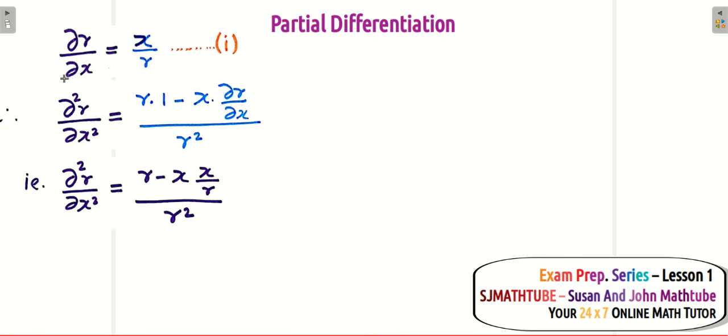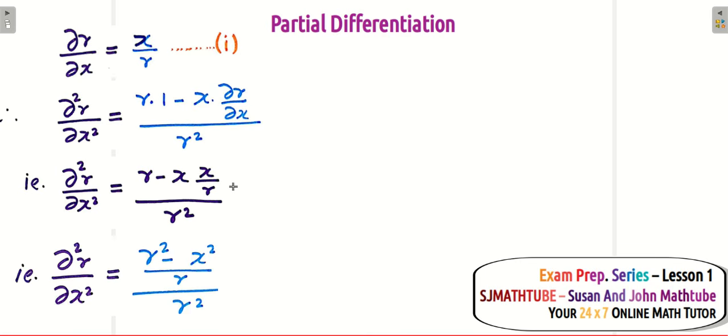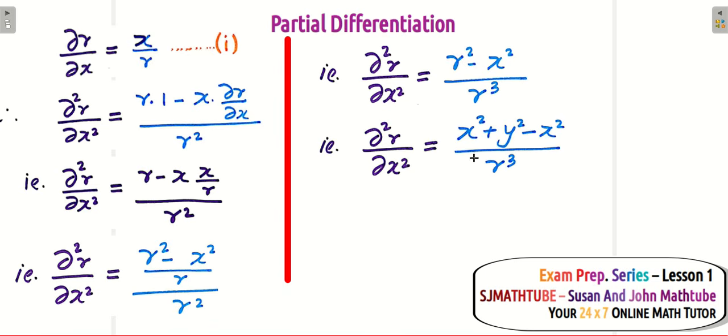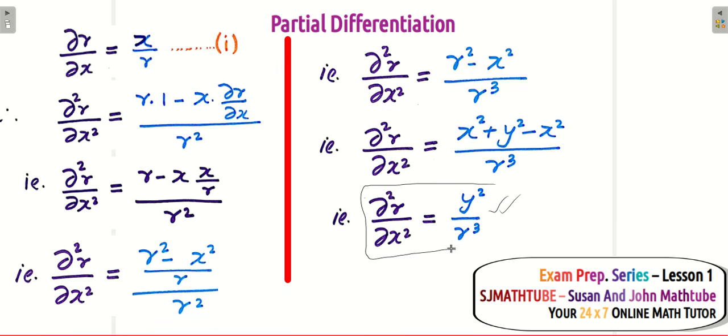But we already know that the partial with respect to x is x by r. So replacing, then taking LCM and simplifying a little bit, and I hope you remember r square is x square plus y square, cancelling out things. Okay, that's it. So please note this.